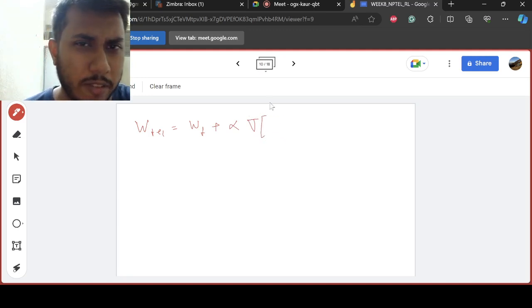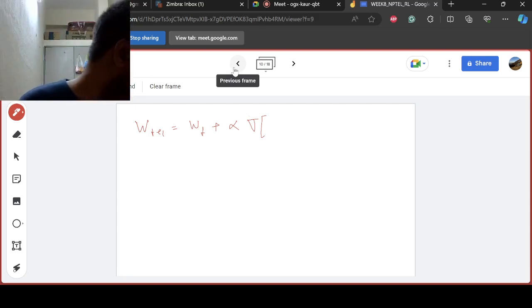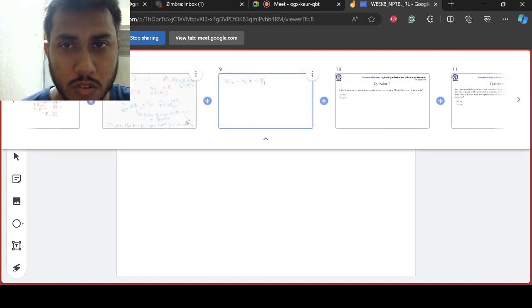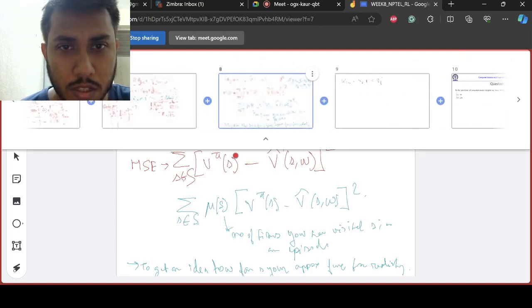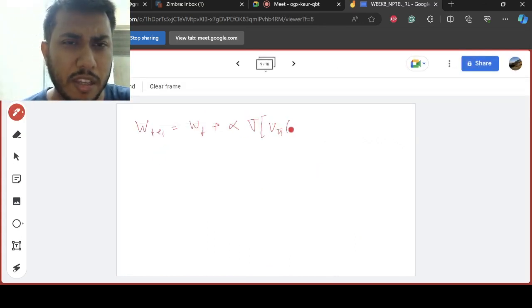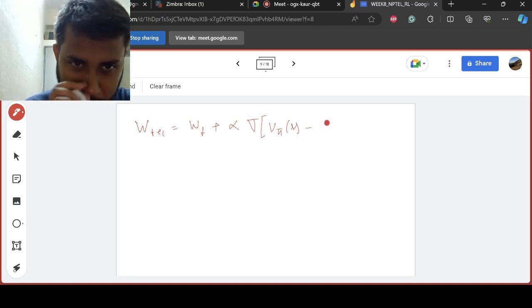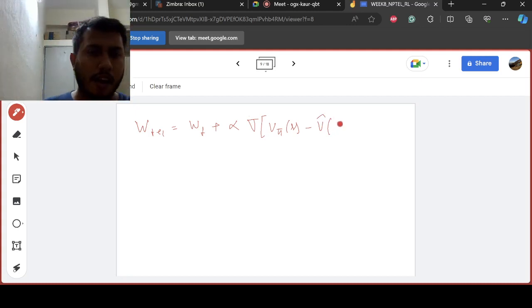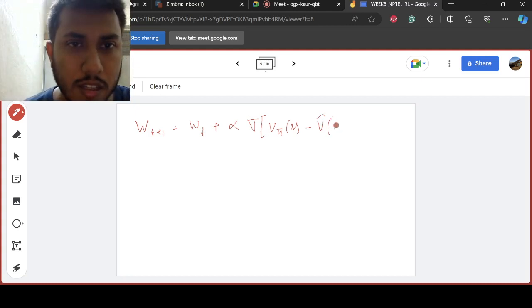So your mean square error is given by v pi s minus v hat s comma w whole square.